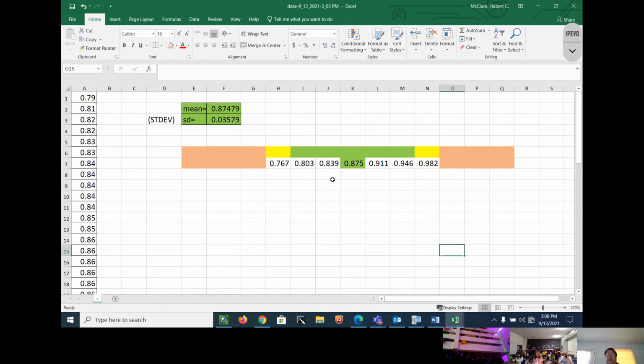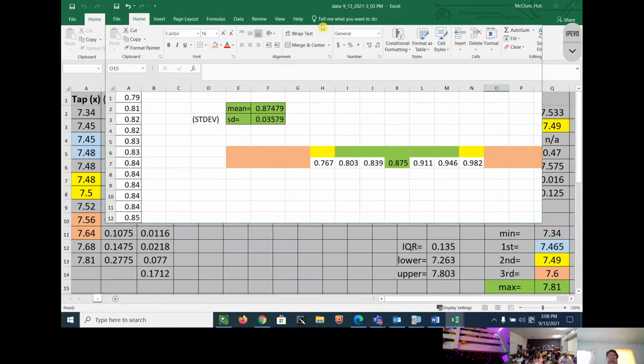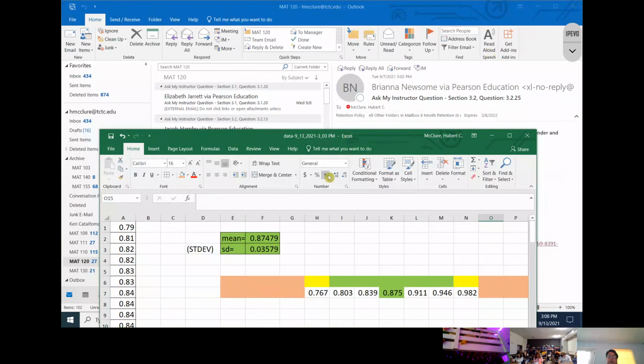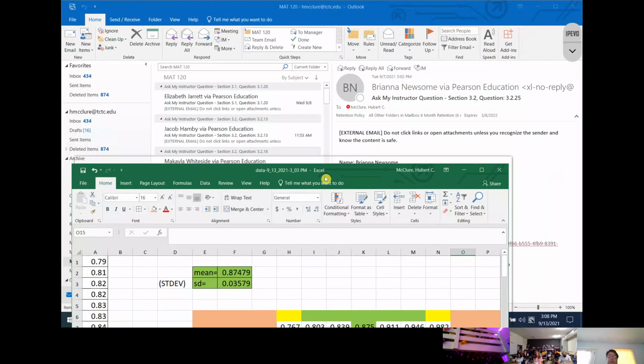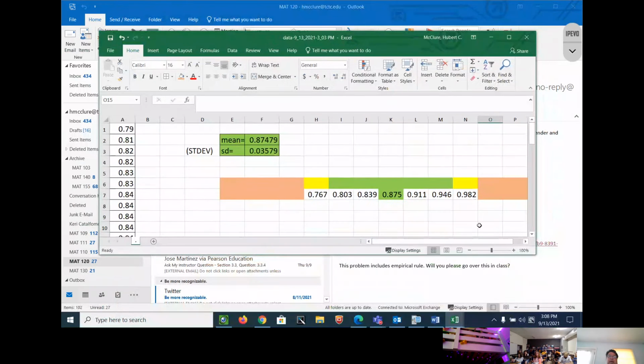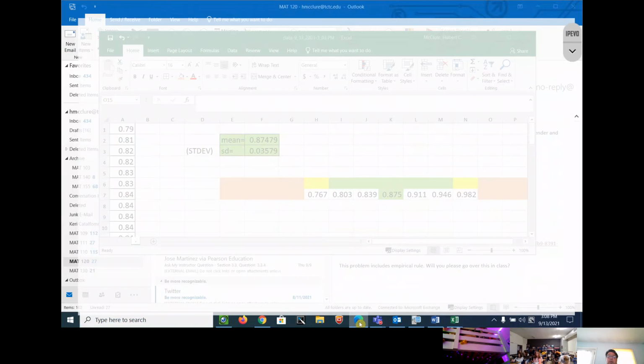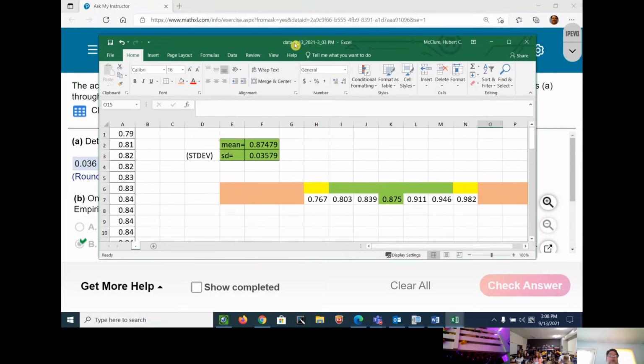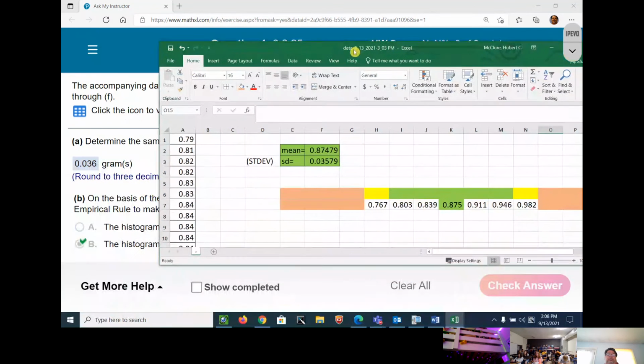I don't know what they're going to ask, but let's see what they're going to ask. In the question, it asks, the standard deviation is 0.036.